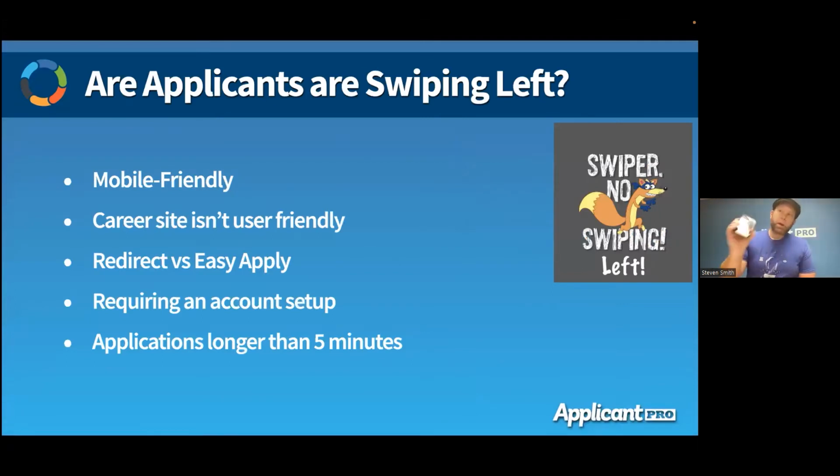We talked a little bit about mobile friendliness. If an applicant is not able to fill out an application using a mobile device in an easy, user-friendly way, you are already losing a good chunk, probably anywhere between 70 and 80% of your applicants right off the bat, because they don't want to spend the time on their mobile device. And think about this.